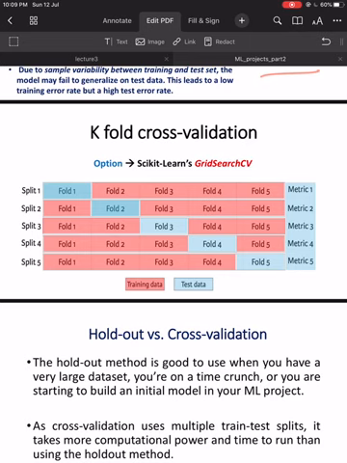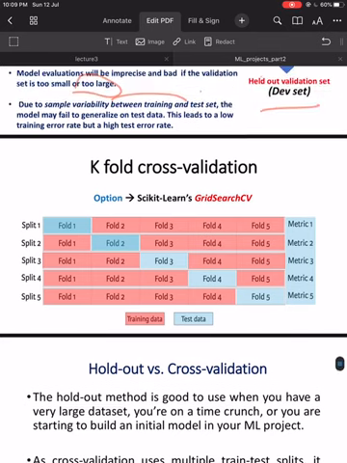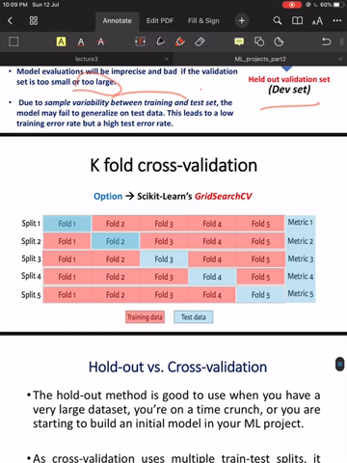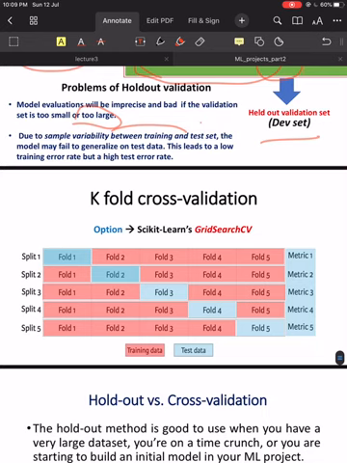Each model is evaluated once per validation set, after it is trained on the rest of the data. We train different models on different training sets, and each is evaluated on a different validation set, so we get different evaluation results for the different trained models, and then you average out the performance.